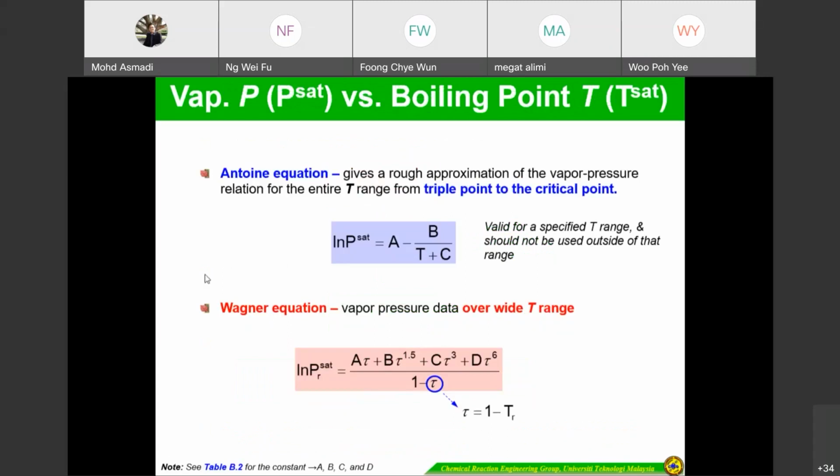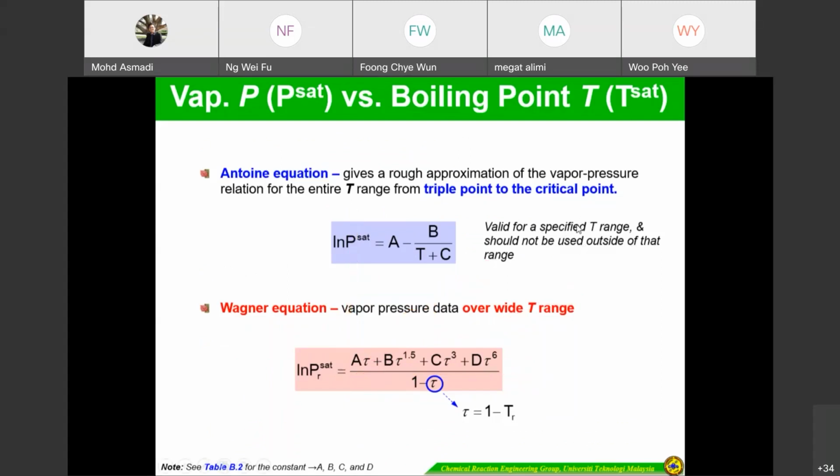The triple point is this one, and this is the critical point. It is valid for the specified T range and should not be used outside of this range.